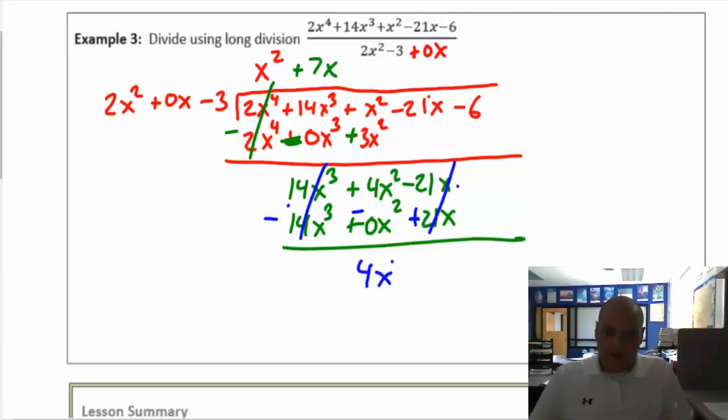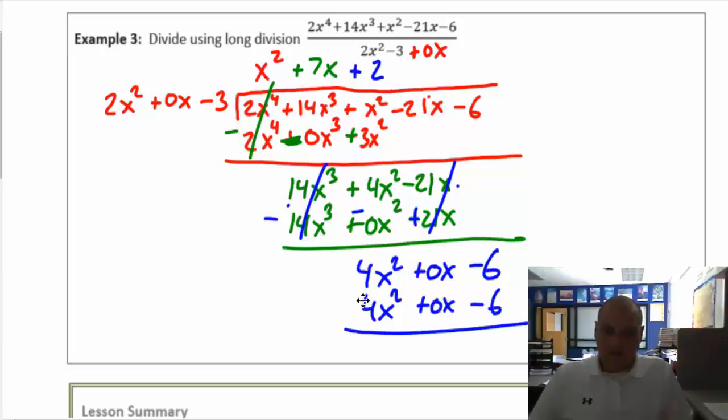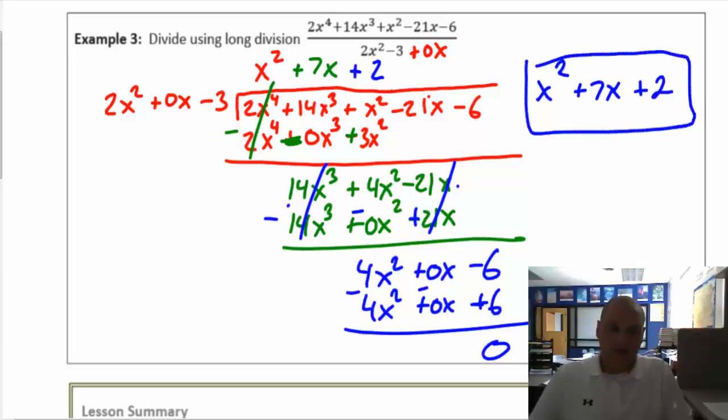You get 4x squared plus 0x minus 6. And then last one, 2x squared into 4x squared is just plus 2. And that's 4x squared plus 0x minus 6. Negative, negative, positive, 0 remainder. Our quotient is x squared plus 7x plus 2.